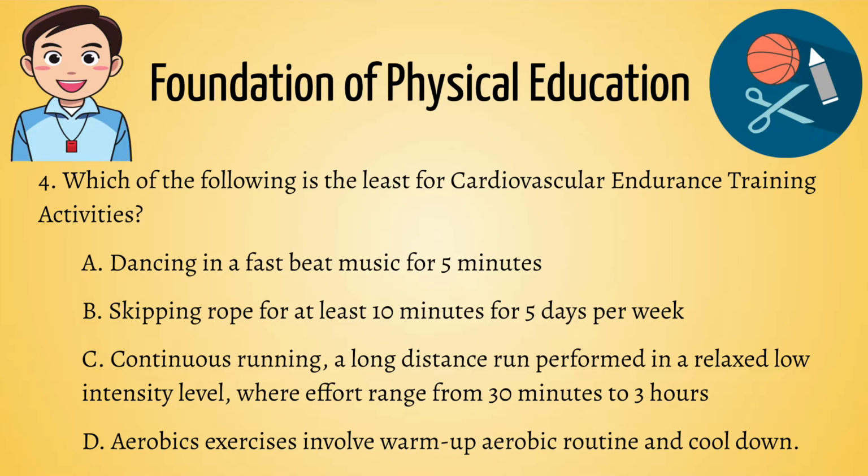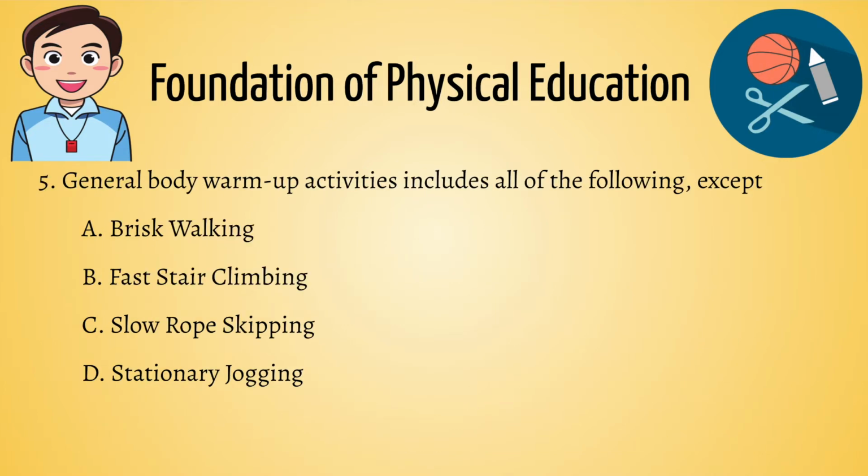C. Continuous running, a long distance run performed in a relaxed, low intensity level where effort ranges from 30 minutes to 3 hours. D. Aerobic exercises involving warm-up, aerobic routine, and cool down. Answer: A. Dancing in a fast beat music for 5 minutes.